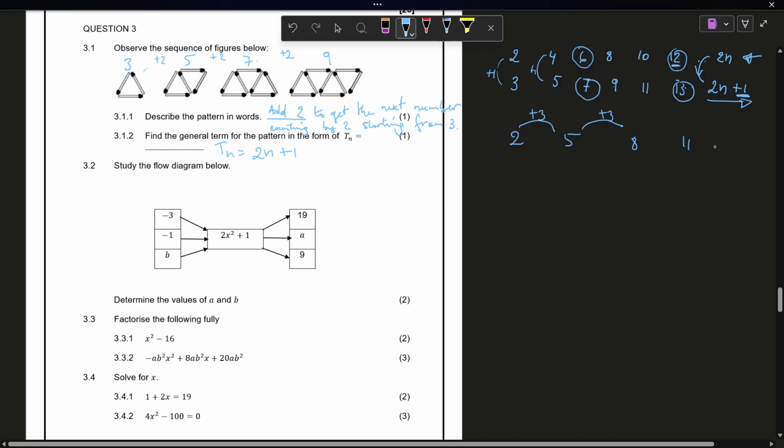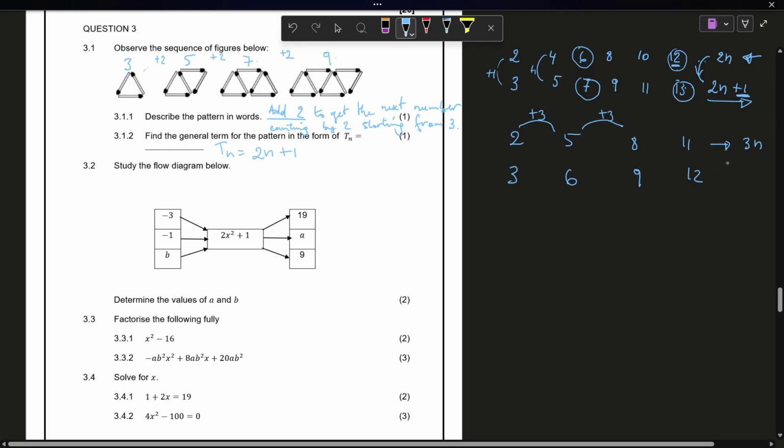So the general term of this sequence is already 3n, right? But remember the original 3n sequence, counting by 3, you always start counting by 3. Like in primary school, you see 3, 6, 9, 12.